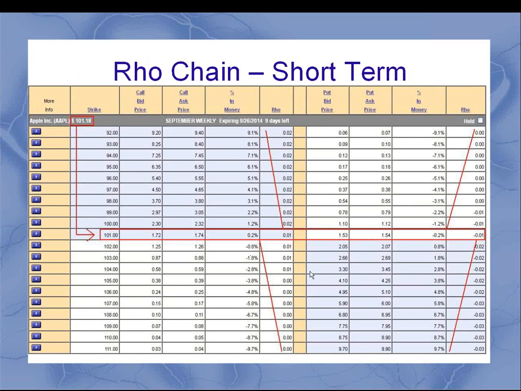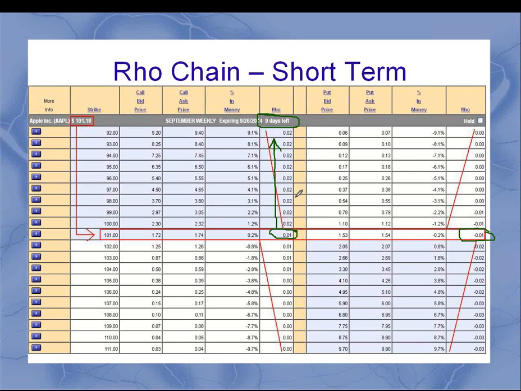All right, so here's, again, the basic chain for Rho. Now, this one might be a little bit confusing. It's very different. This is a shorter term chart. We're looking at 9 days out again with our Apple example. You see here that the at-the-money options are kind of mid-range. They're not the highest, they're not the lowest, but the at-the-money Rho will be just about average. But what we do see is that the Rho will increase for options that are in the money.